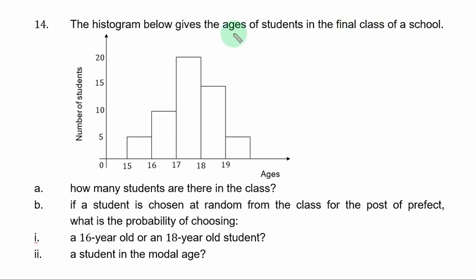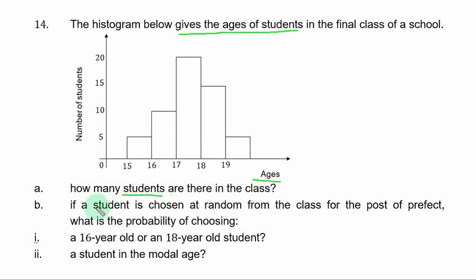Example 14. The histogram below gives the ages of students in the final class of a school. You have the histogram, you have the ages axis, and the number of students, which is the frequency axis. A part of the question: how many students are there in the class?